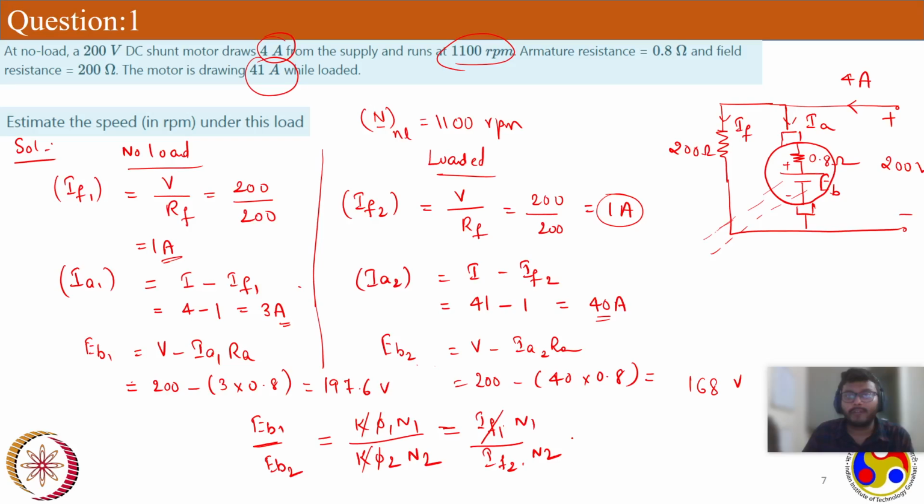Now please tell me the rotational losses. 592.8. Okay, good. I will also check that. Okay, that's correct, Shubham. 592.8 watts.